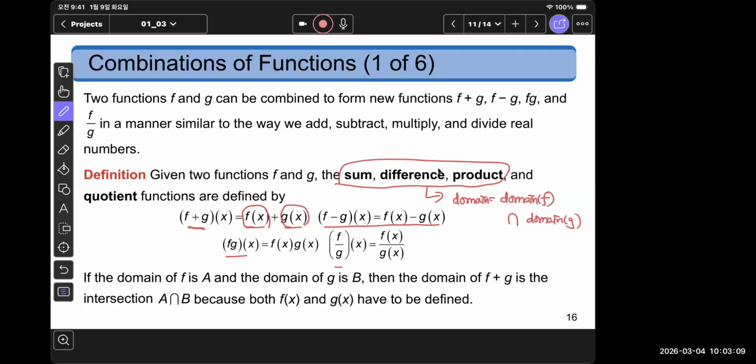So the domain of f over g will be the domain of f intersection the domain of g. Okay, let me, I need some more space.